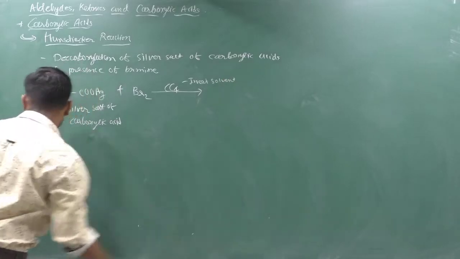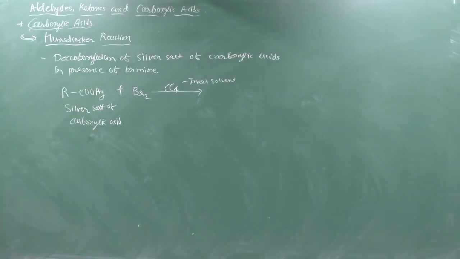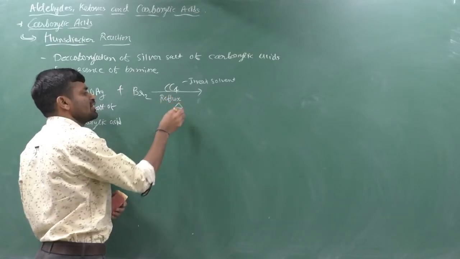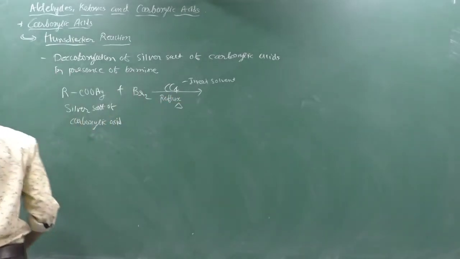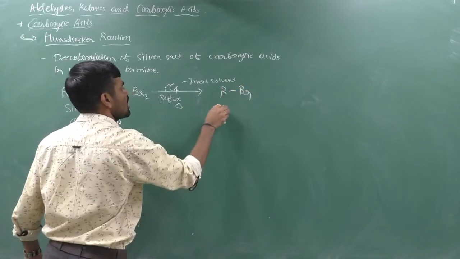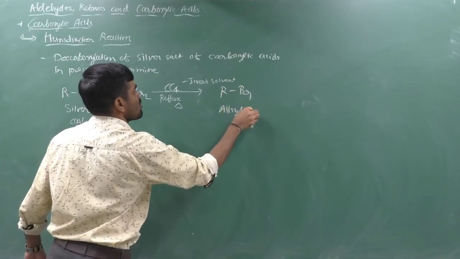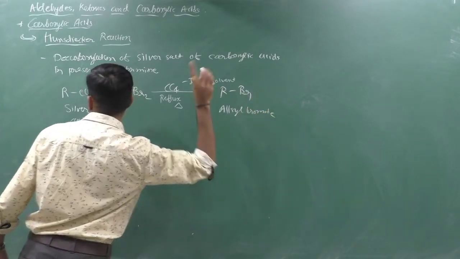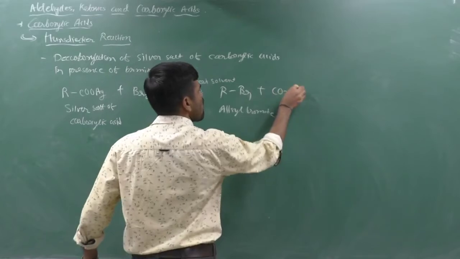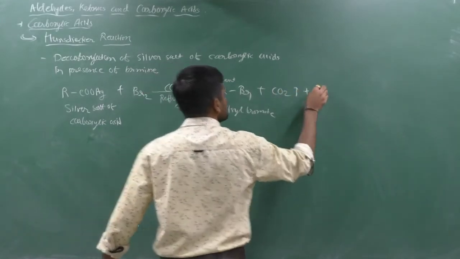Inert means it does not react with the molecules, and we reflux it. Reflux means we heat it in a closed vessel. We obtain the product RBr, which is alkyl bromide with one carbon atom less, plus CO2 gas is released. Precipitates of AgBr are generated.